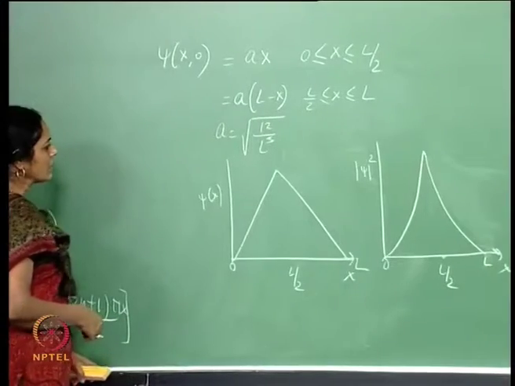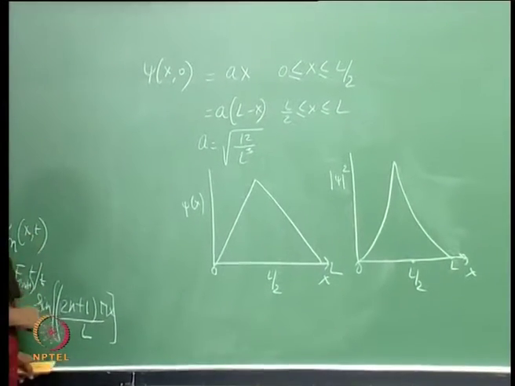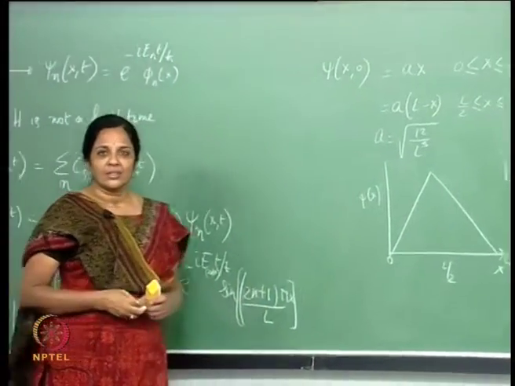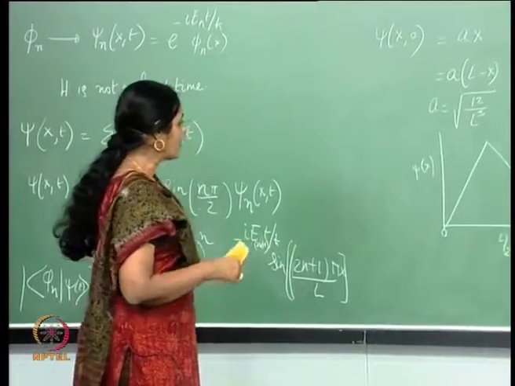So, this is a good function to consider, and now in this case let us find out the Cns, and therefore, psi of x comma t, the subsequent evolution.